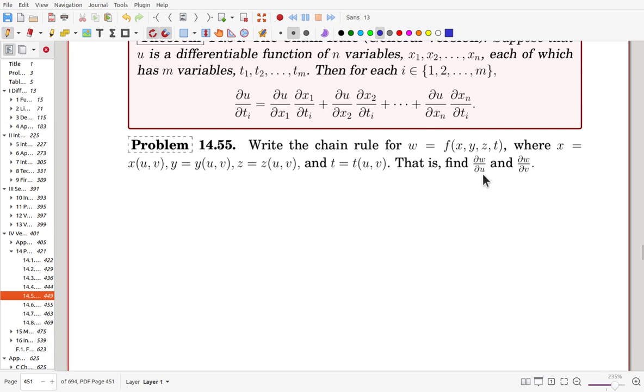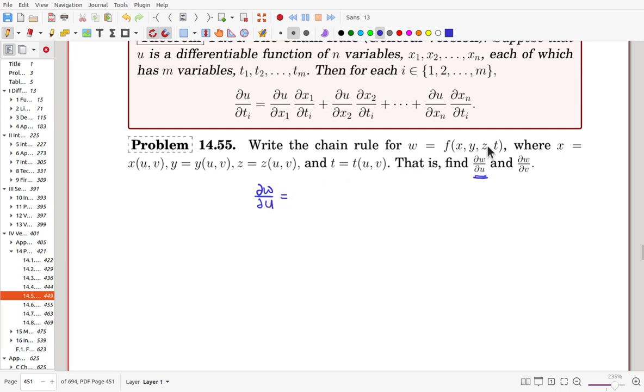Then we can get the w u derivative and the w v derivative. This time let's try to do this one: partial w over partial u.